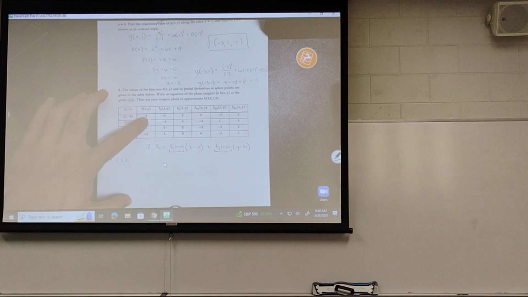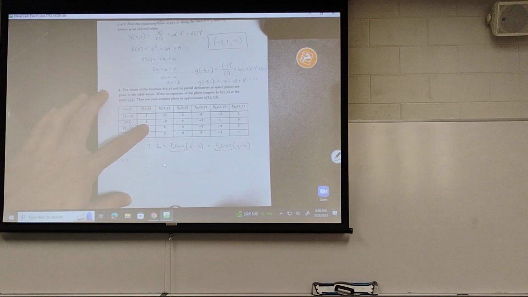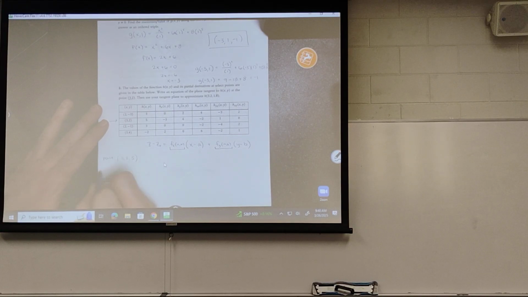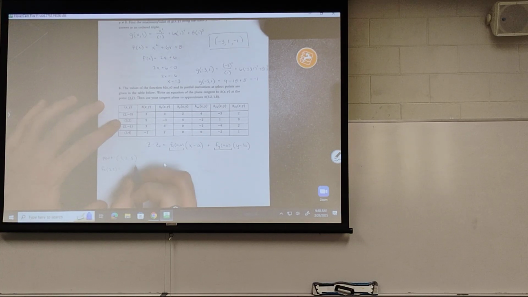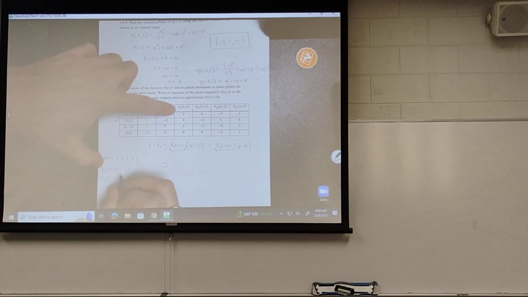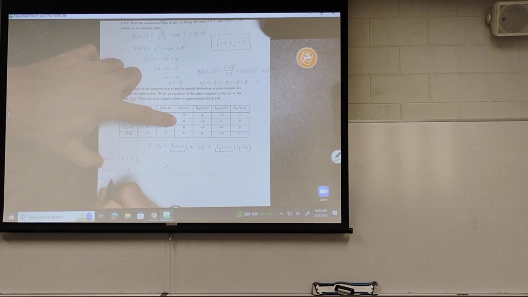This is saying h of x, y, that's just the z coordinate, and that's 5. And then if we just want to be super explicit, the partial with respect to x at that point is -3. The partial with respect to y at that point is 4.